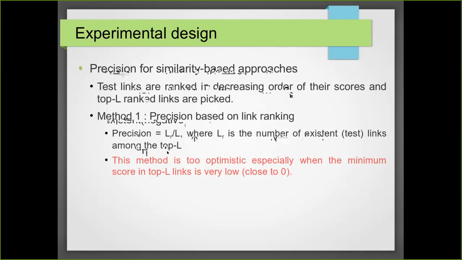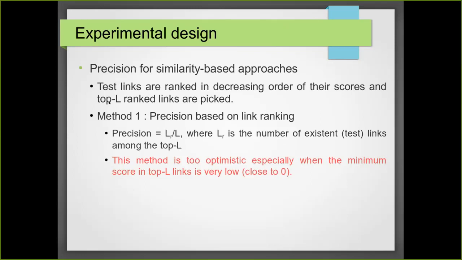For the performance metrics, we use two metrics. First of all, the precision metric. For defining precision, we rank the test links in decreasing order of their similarity scores and pick the top L ranked links. Then we define precision as L_R divided by L, where L_R is the number of existing links among the top L links.